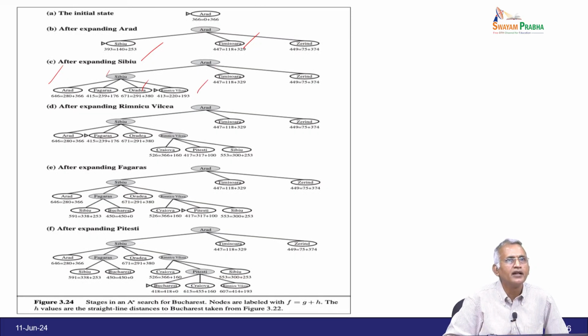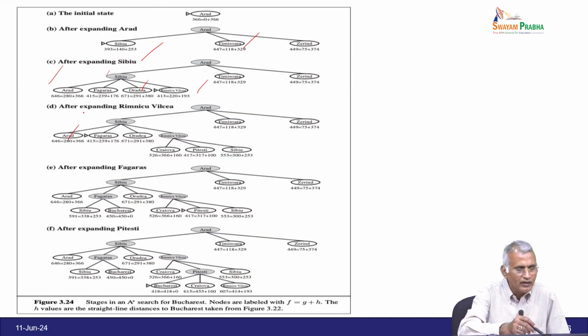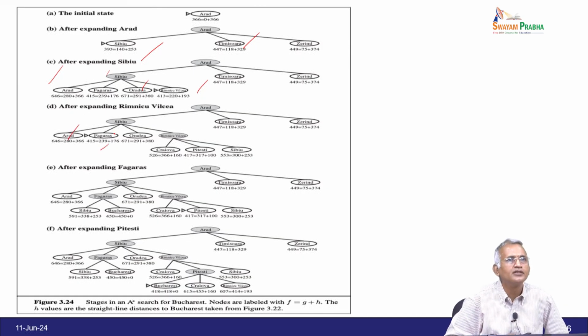After expanding Rimnicu Vilcea, we have 3 more subdivisions: Craiova, Pitesti and Sibiu, and they have lengths of 526 equal to 366 plus 160, 417 equal to 317 plus 100, and Sibiu 553 equal to 300 plus 253.